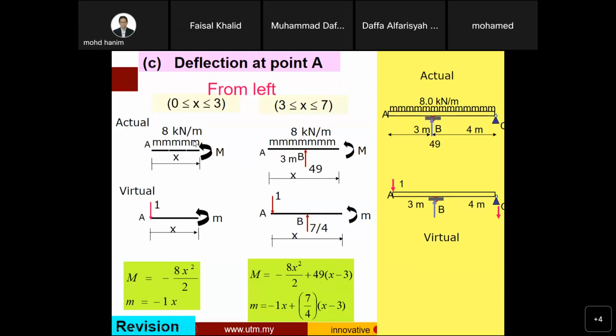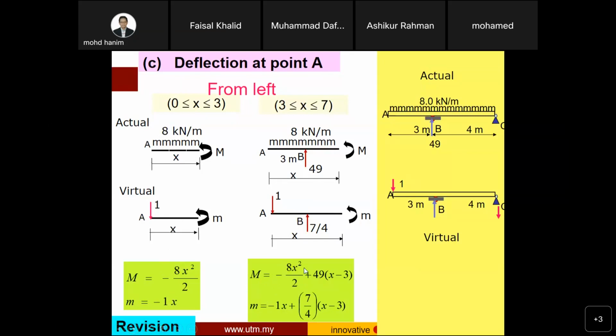Once you have shown this loading diagram, derive the moment for the real structure and the virtual structure. This is real, this is virtual. For this one, it is 8x squared, but for virtual, negative 1 times x. Similarly here, M equals 8x squared over 2.